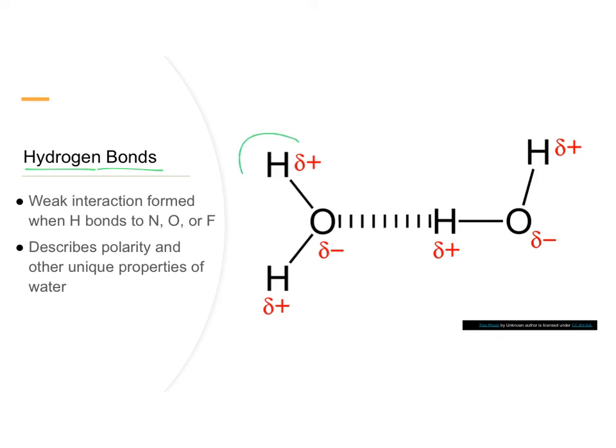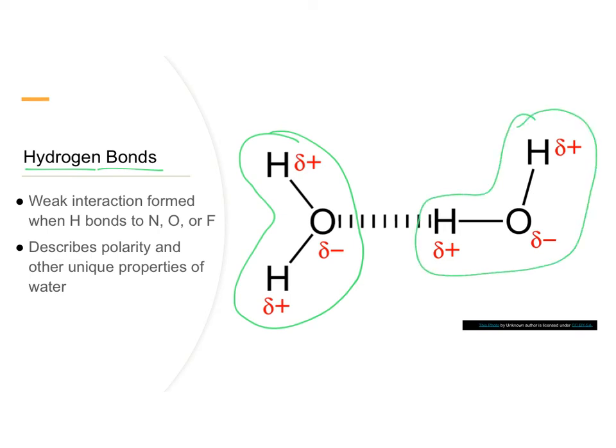So if we look at this picture, I'm just going to kind of circle the waters so we can distinguish them. So this is one water molecule, and this is a second water molecule. And so here we have the partial positive hydrogen on this molecule. It is attracted to this partial negatively charged oxygen of a second water molecule. And as we have established before, opposites attract.